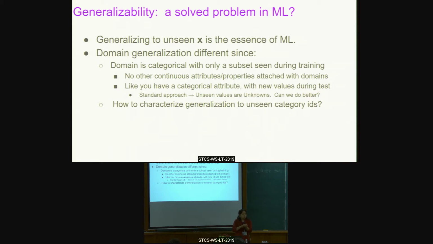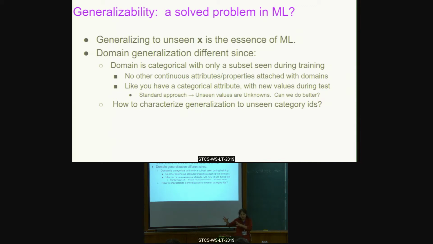Say you are creating a standard classification model for risk estimation, and you have one attribute which is the highest degree of a person or the employment of a person, and not all the employments are seen at the time of training. A typical supervised model just treats such new domain members as unknowns.